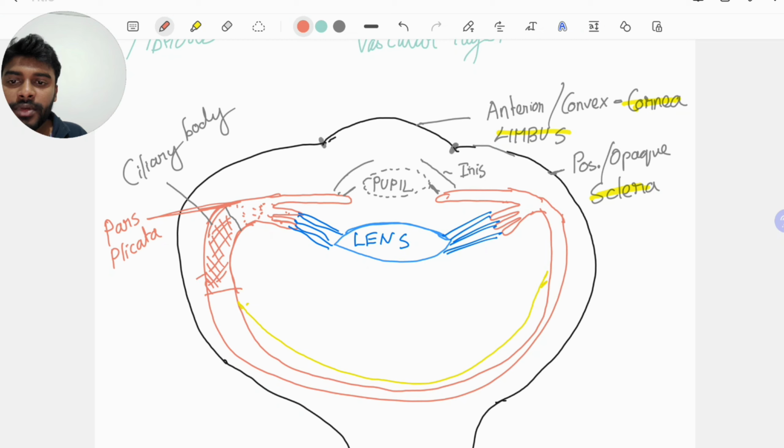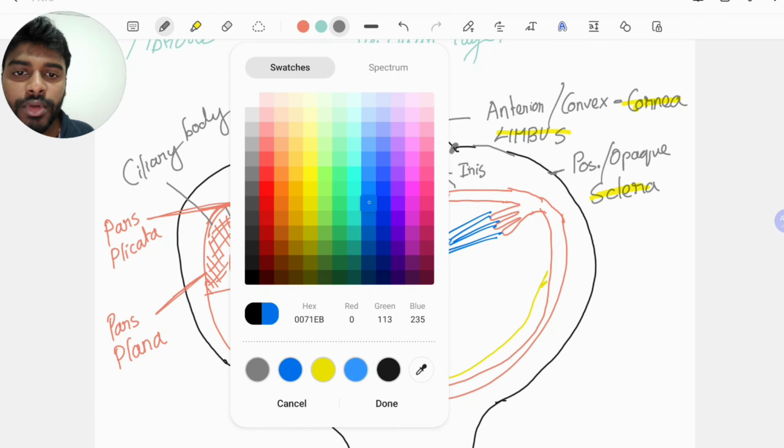The plane surface is called the pars plana. Then you have the finger-like projections, which I will represent with the blue color.